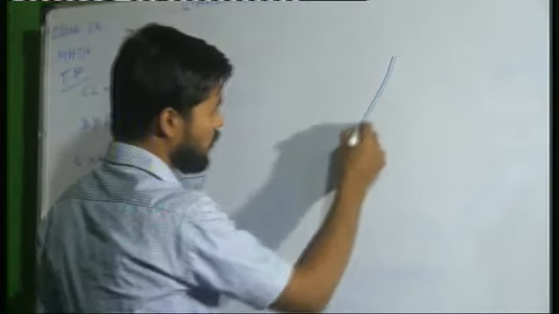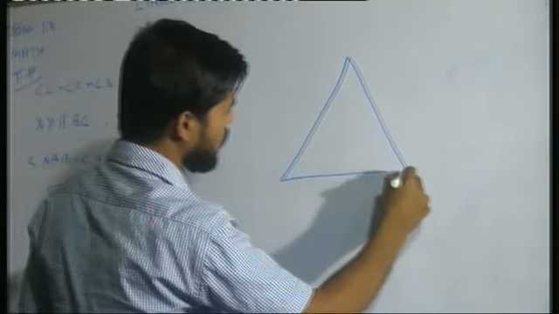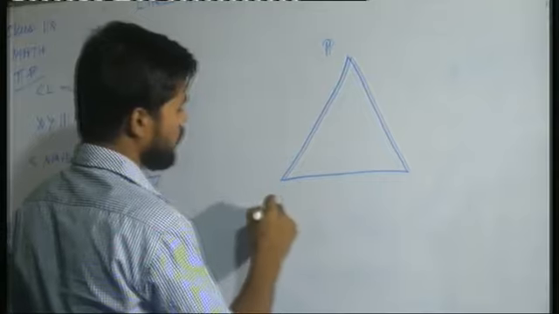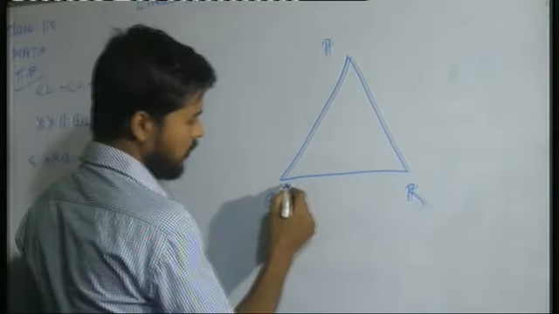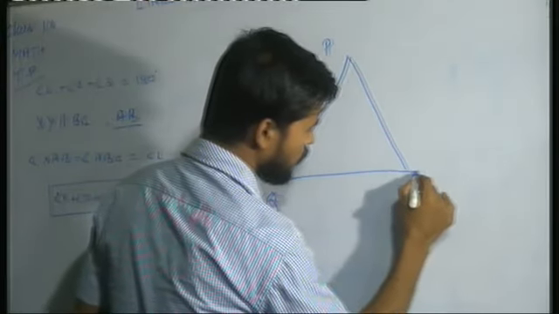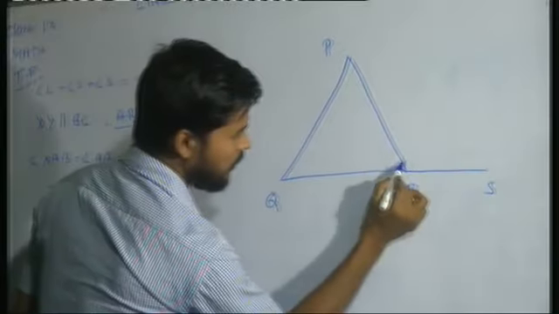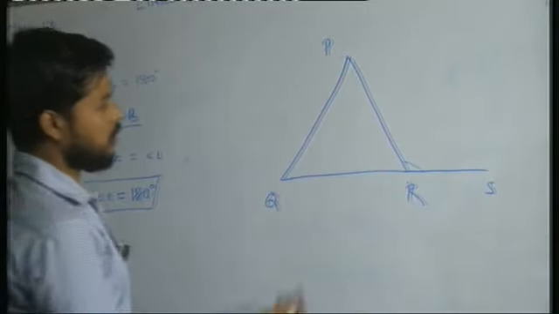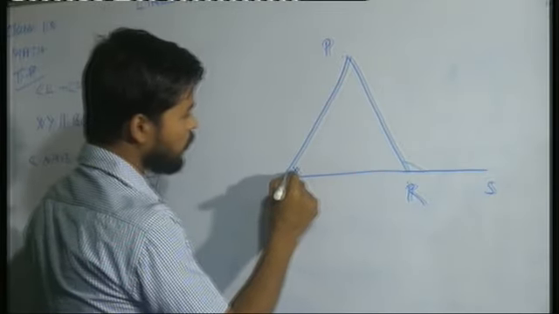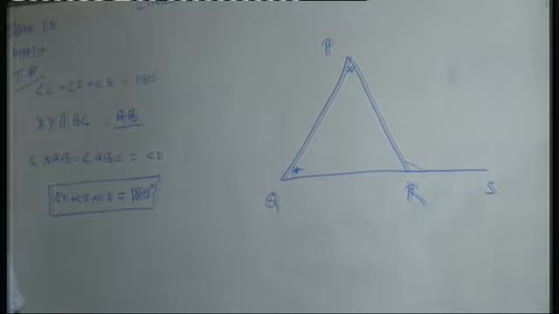So let us prove the theorem. Consider a triangle, suppose PQR, and we extend the side QR to a point, suppose X. So this exterior angle PRX will be equal to the sum of the opposite interior angles, meaning this angle plus this angle.